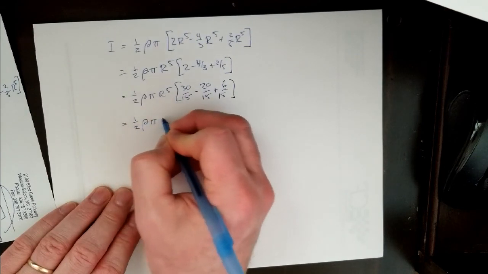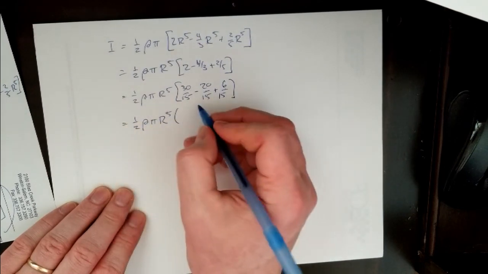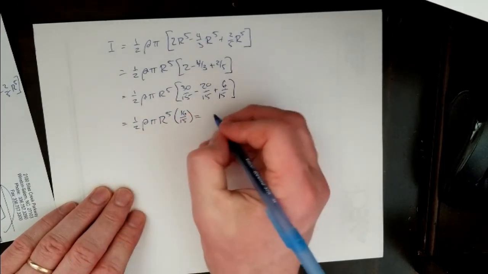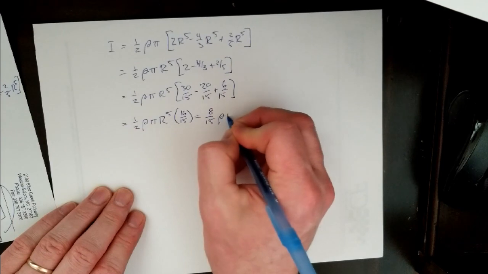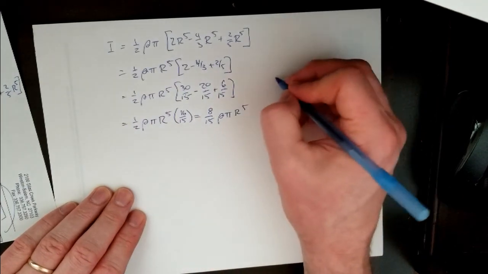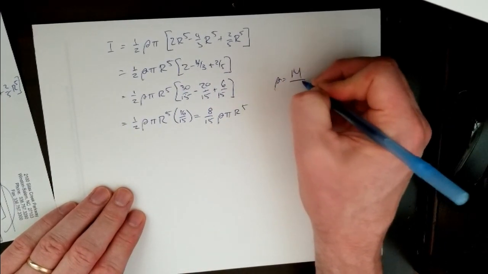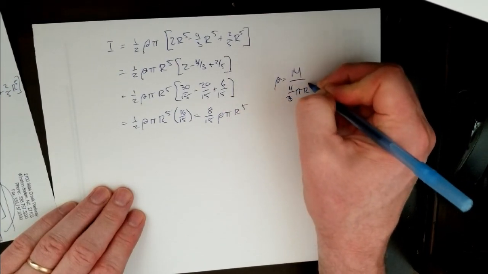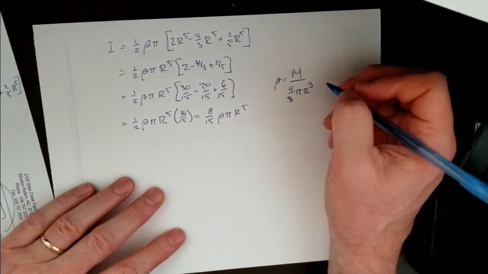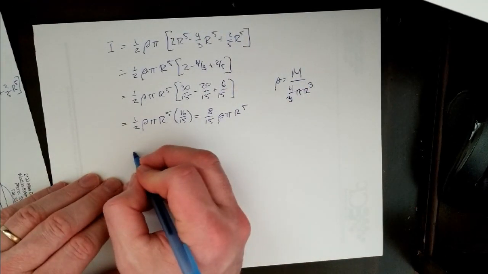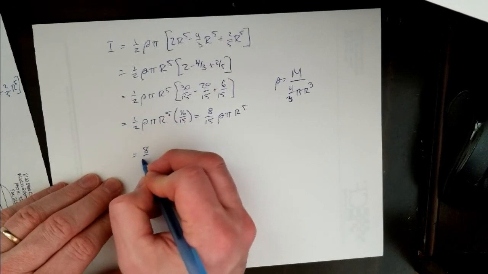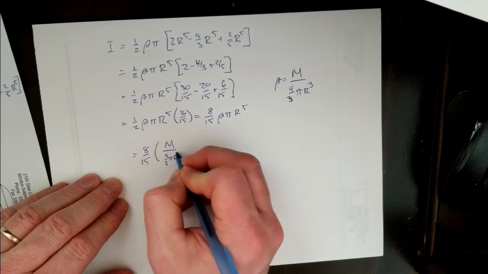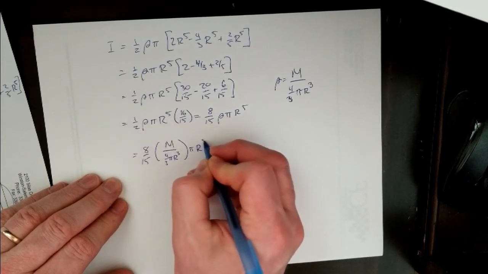So 1/2 rho pi R to the 5th times 16/15 is 8/15 rho pi R to the 5th. I know that rho is the total mass over the volume, which is 4/3 pi R cubed, and so I can plug that in here. So I end up with 8/15 times big M over 4/3 pi R cubed times pi R to the 5th.